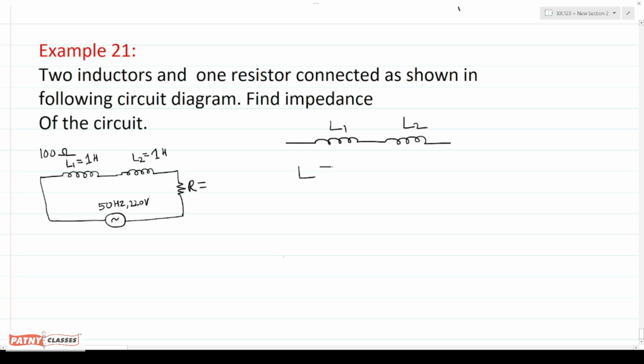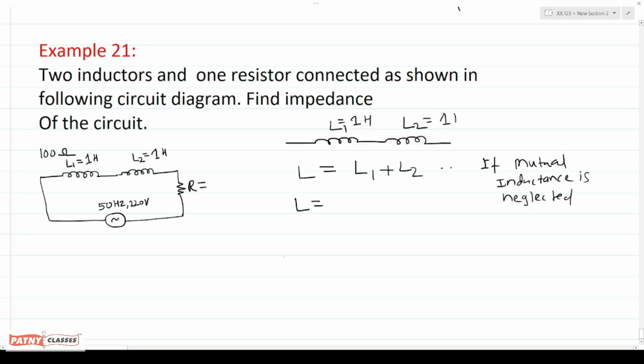So the effective inductance is L equals L1 plus L2 if mutual inductance is neglected. Now what is the L1 value? 1 Henry, and L2 value as well is 1 Henry. Therefore total inductance equals 1 plus 1 equals 2 Henry.